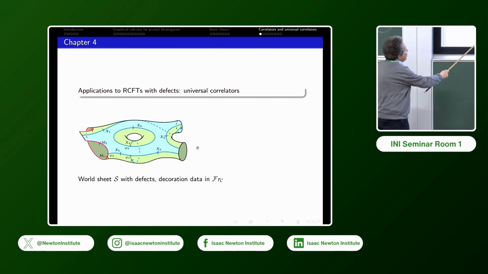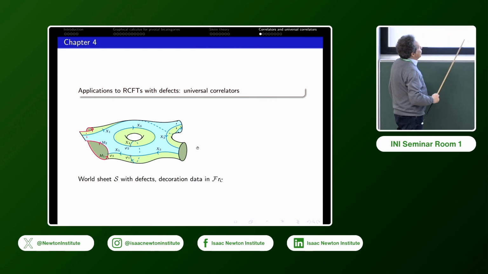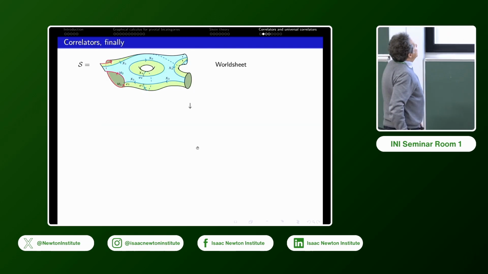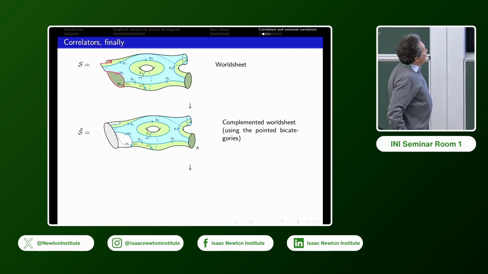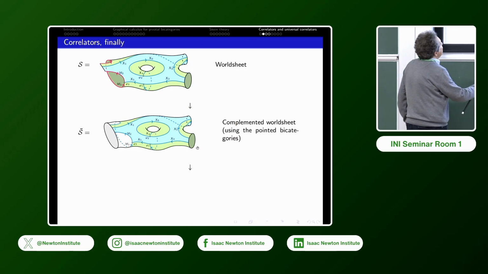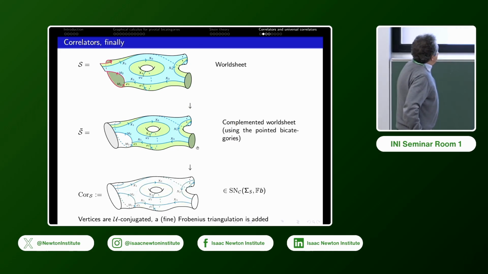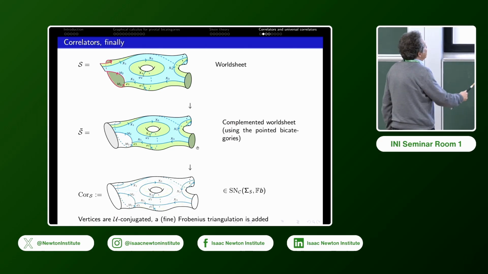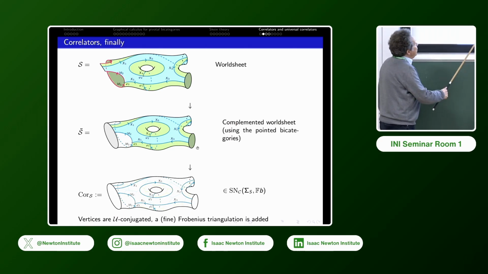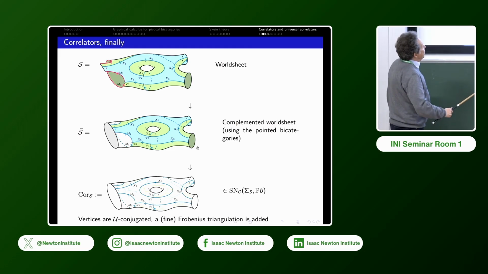So we start with our worksheet. It's decorated by Frobenius algebras, bimodules, and couplings between bimodules. Then, what I can do is, this is a graph which I have to complement a bit if I have boundaries by using these distinguished objects. And then I'm replacing this blue face by a Frobenius network.